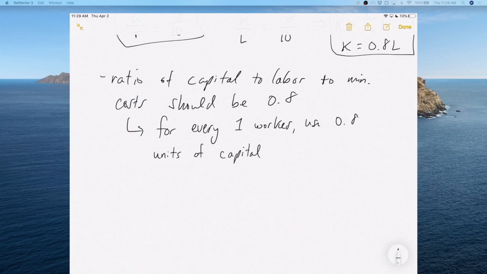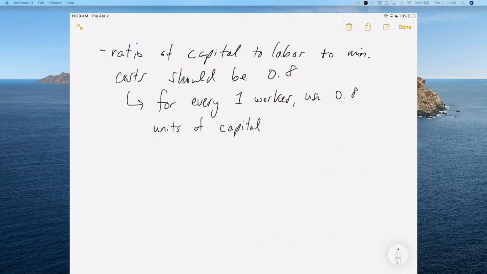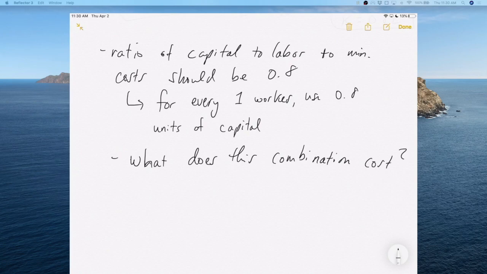Okay, the next question then is, what does that cost? What does this combination cost? We also want to compare it to the short run costs. How are we going to figure this out?